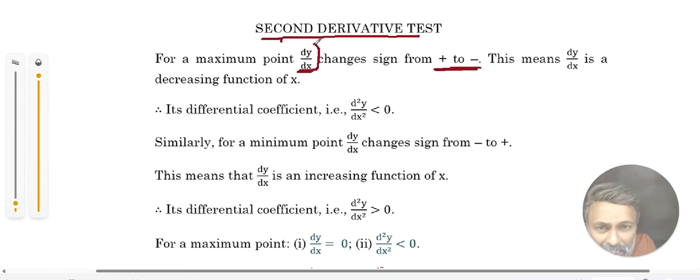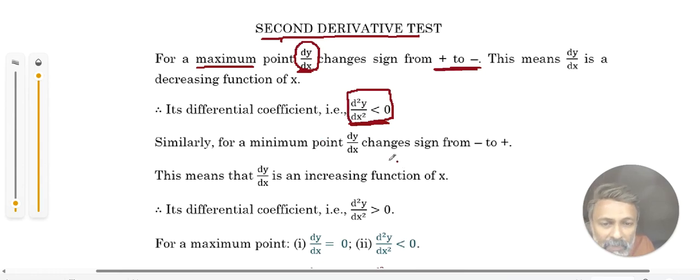If dy by dx is decreasing, then its derivative is less than 0. But when the sign of dy by dx was changing from plus to minus, you had encountered a maxima. Therefore, for maximum, d square y by dx square is less than 0.